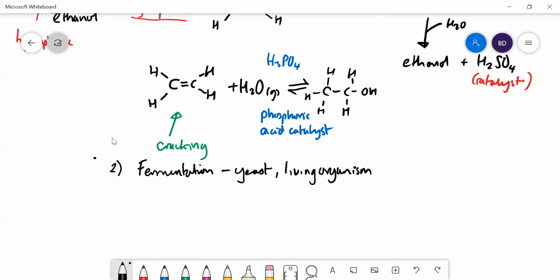You start off with glucose, C6H12O6. So you start off with glucose solution, and you leave it with yeast. You obviously want the temperature to be less than 37 degrees C, because otherwise you kill all the yeast. And you want anaerobic conditions.